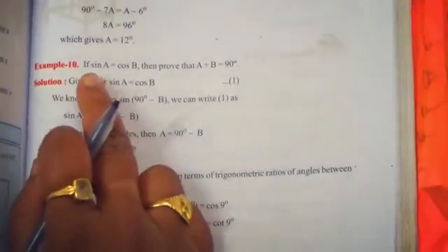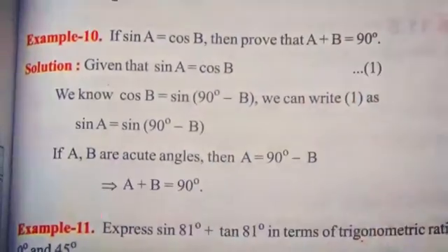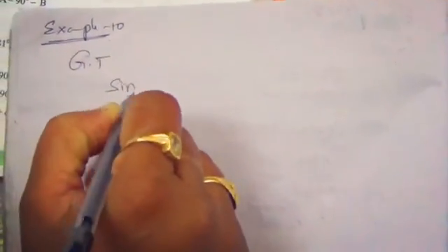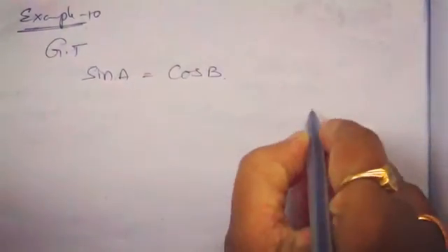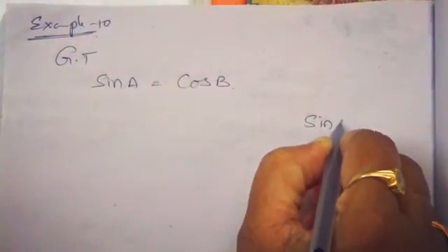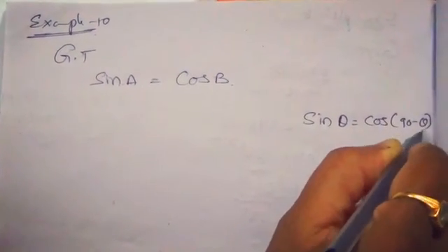Look here. The next example 10. If sin A is equal to cos B, then prove that A plus B is equal to 90 degrees. Look here, example 10. Given that sin A is equal to cos B. I am writing sin theta is equal to cos 90 minus theta.